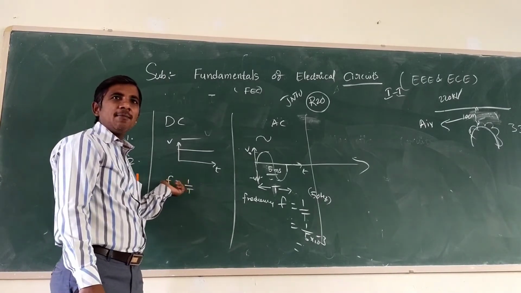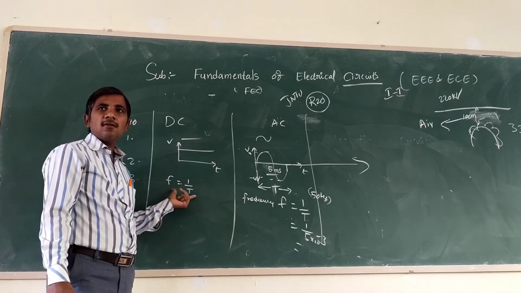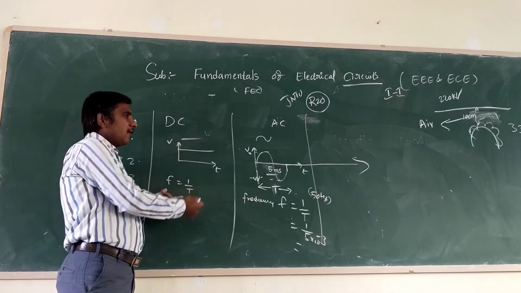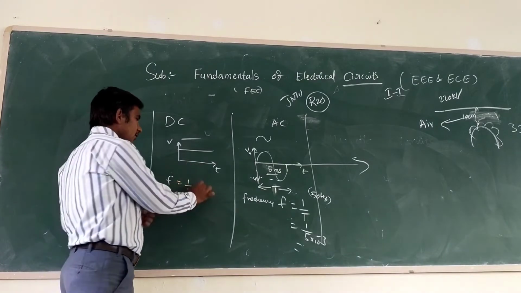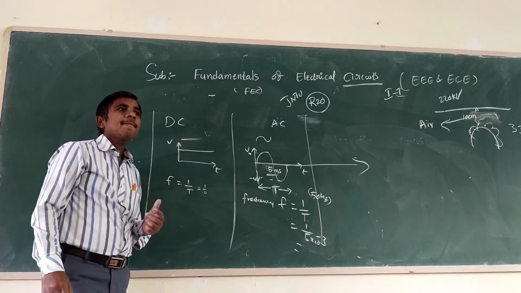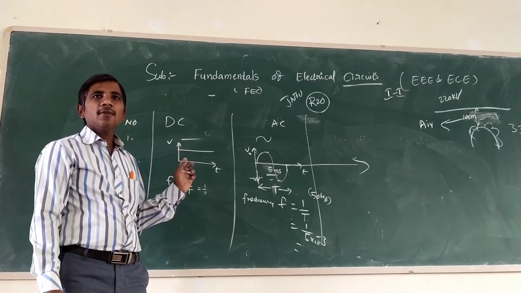Frequency is defined as the number of cycles per second and it can be measured using a formula like this. F equal to 1 by T. There are no cycles in DC, so 1 by time period is 0. 1 by 0 is infinity.